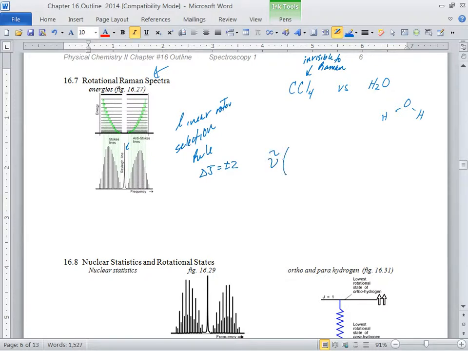So the wave number for the J going to J plus 2 state is, they have a little i on the wave number, we'll talk about what that means, minus 2B(2J plus 3).